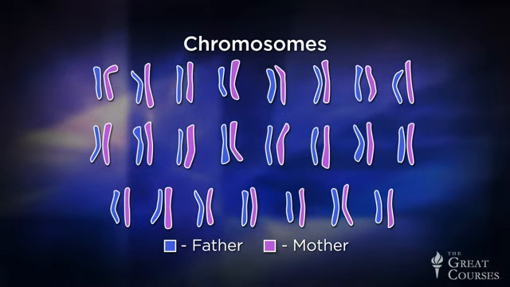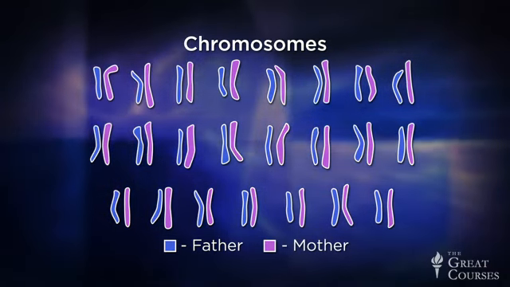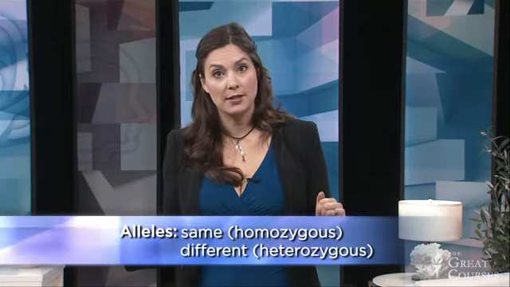And we have 2 copies of each chromosome, one from our mother and one from our father, for a total of 46. So we inherit 2 copies of each gene, one from each of our parents. These genes are the blueprints for all of the proteins that we need for our cells to function. These 2 copies of each gene are called alleles, and they can either be the same, so we call them homozygous, or they can be different, heterozygous.